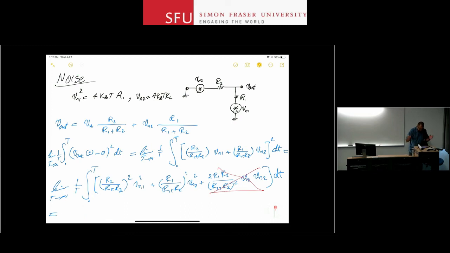So once I evaluate the integral, this term is just the coefficient, so it's R2 squared divided by R1 plus R2 squared times Vn1 squared. What is Vn1 squared?